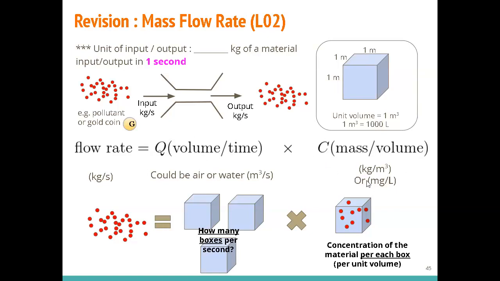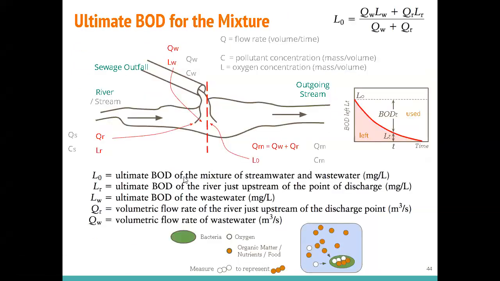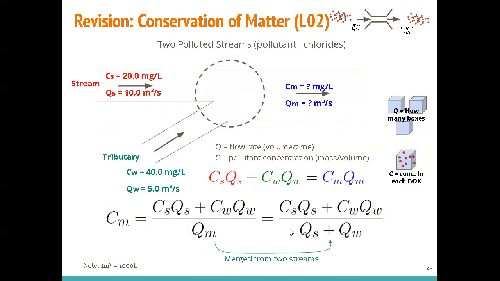So the concentration here is talking about oxygen concentration. Flow rate here means you have some flow across your river. If you multiply them, that would be your mass flow rate. Mass here, kg. We had talked about this in lecture 2.